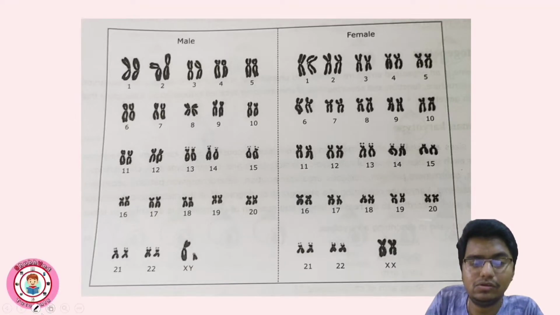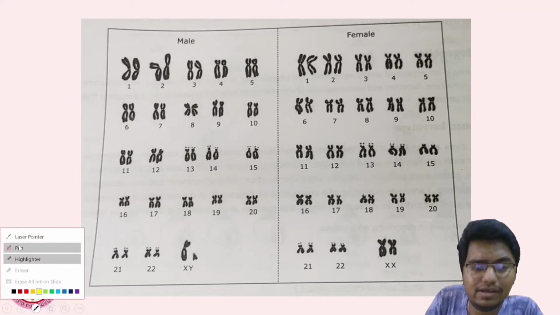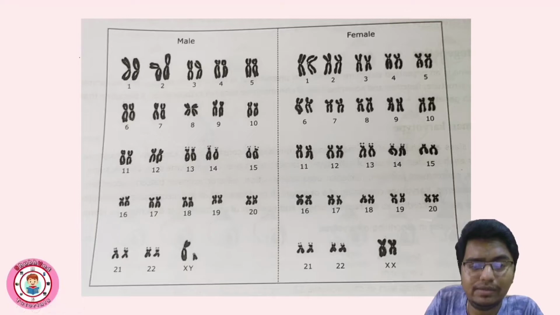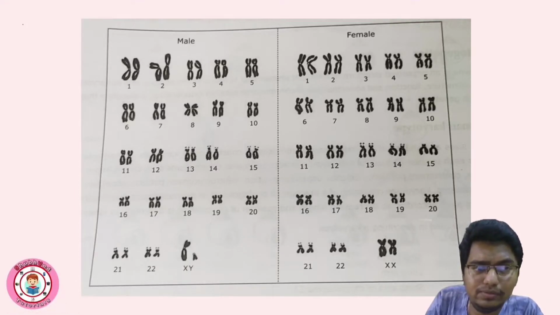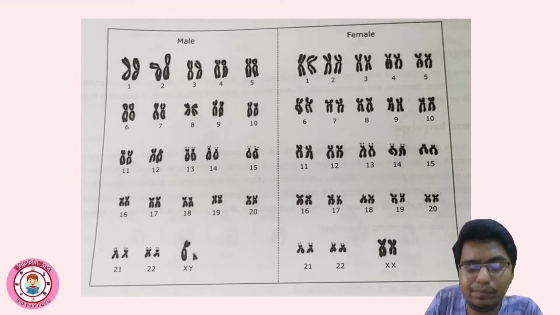In humans there are 23 pairs of chromosomes, total 46 chromosomes. One of each pair we get from mother, one from father. Same chromosomes are known as homologous chromosomes, and different ones are non-homologous chromosomes.